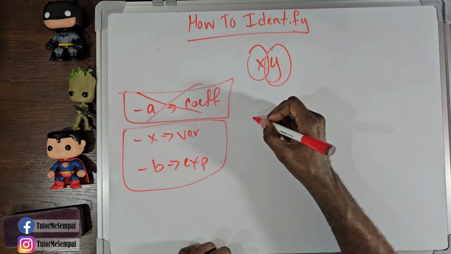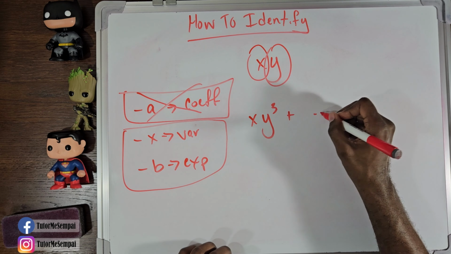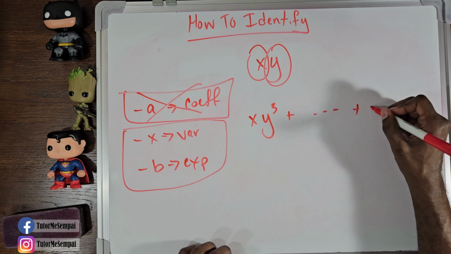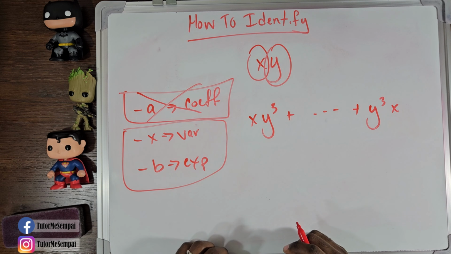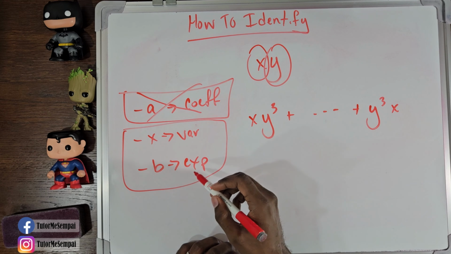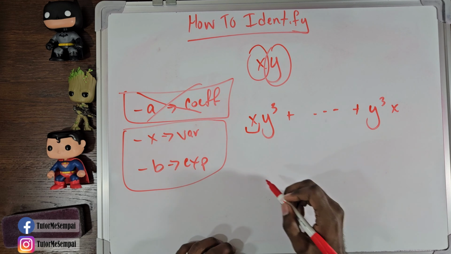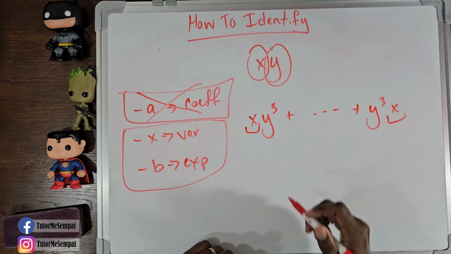What if you did this? X, y cubed, and somewhere else in your polynomial you saw y cubed x. Is this the same? Is this considered a like term? Well, look at this. We're talking about your variables and your exponents. If you compare x's to x's, they exist.